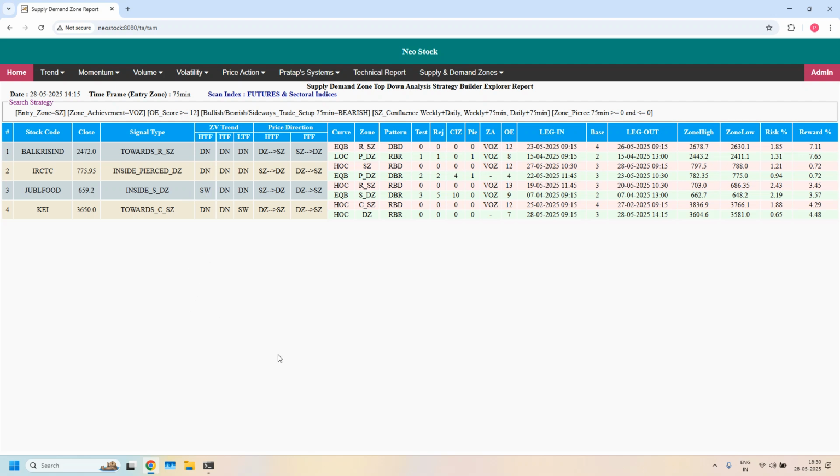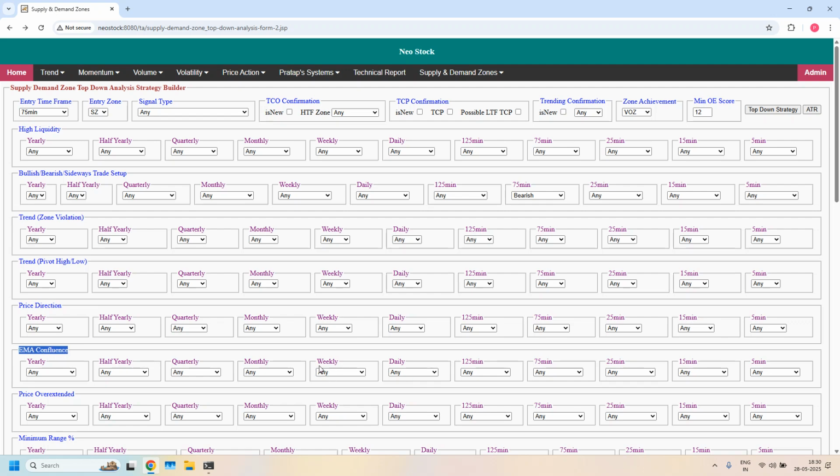In the remaining stocks, if any weekly supply zones have weekly EMA confluence, then these overlapped 75 minute supply zones might have a higher probability of success. So in the EMA confluence at weekly time frame, I'm checking whether the weekly supply zone has a weekly EMA.